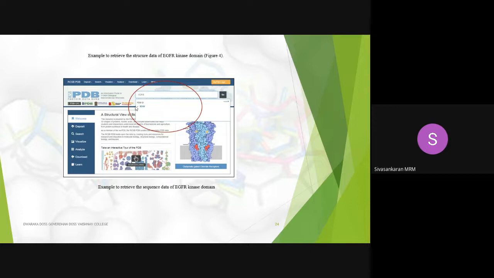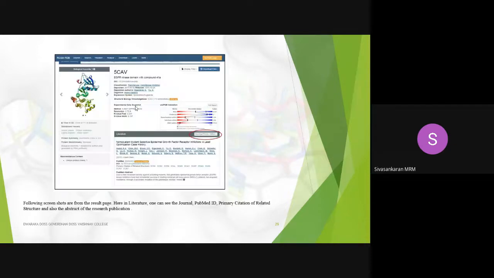So here we have the EGFR kinase domain, which is going in search for the particular thing, and this is the output we get. This output gives us literature and journals, a PubMed ID, the primary citation of related structures, and the abstract of the research publication. Everything will be produced in detail as an output.